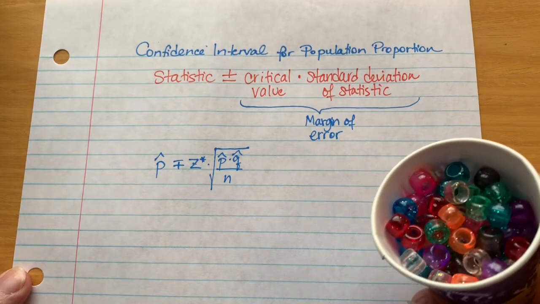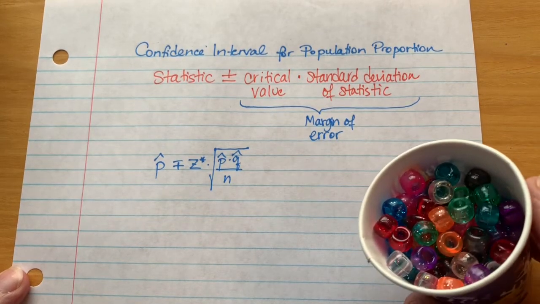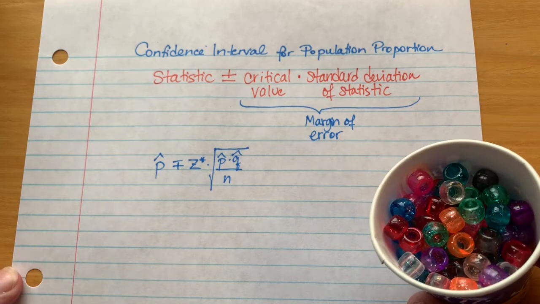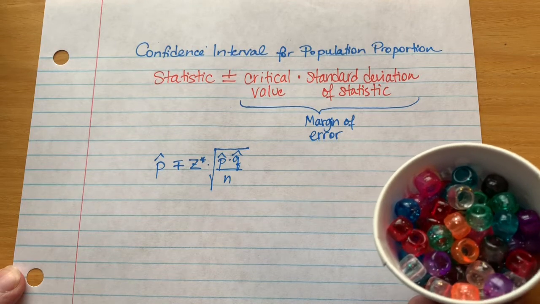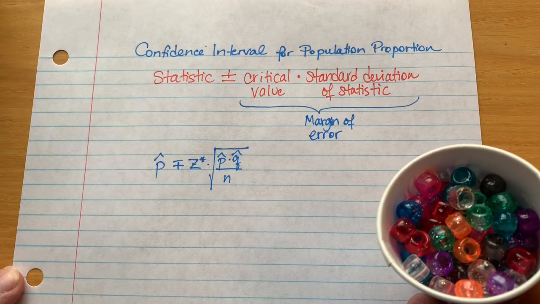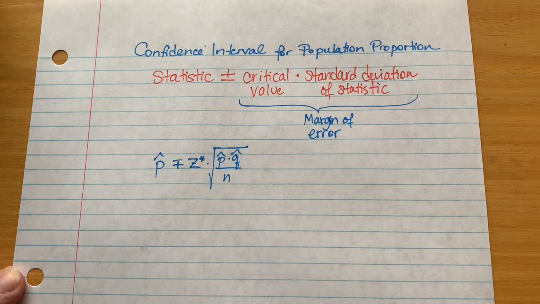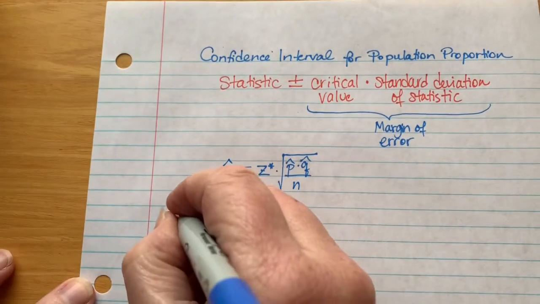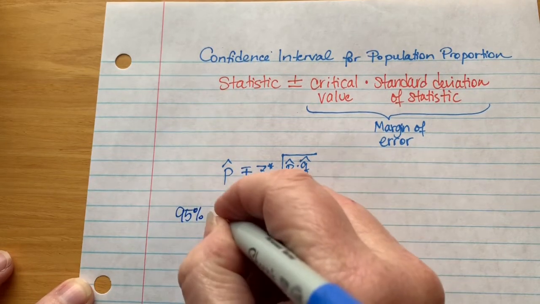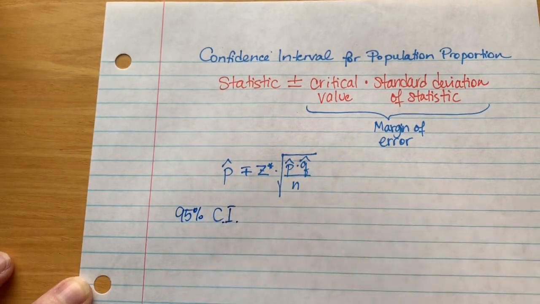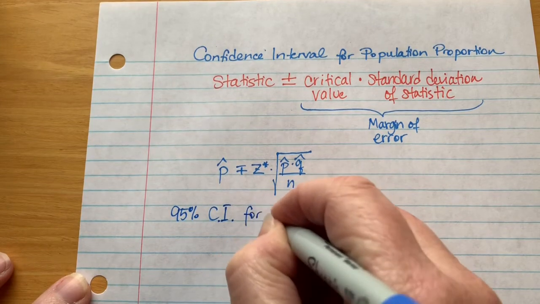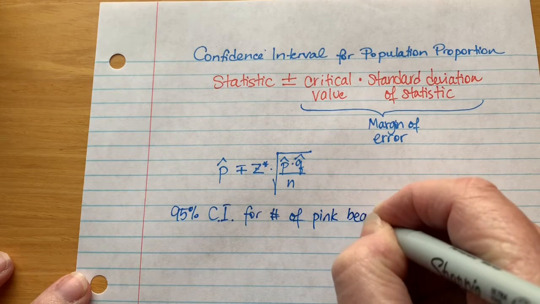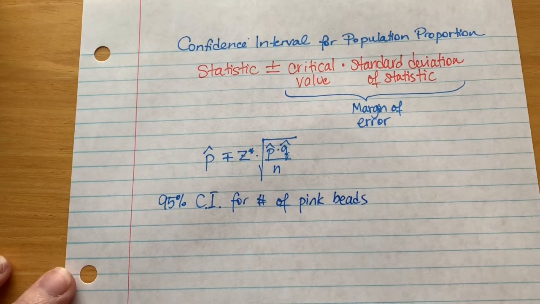But what I'm going to do is take this little sample over here, and calculate the most likely confidence interval. I'm interested in a 95% CI, confidence interval, for the number of pink beads in the whole bucket, in the whole population.